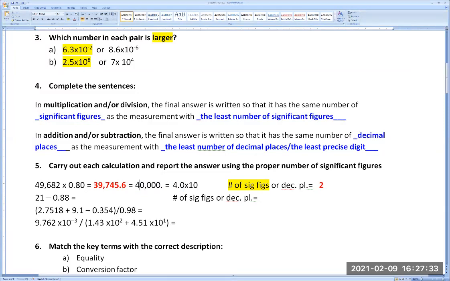And here we move from between the 4 and the 0, 1, 2, 3, 4 times. So 10 to the 4. And that's a positive exponent because we are multiplying 4 by 10 4 times. And so that's the final answer here, right?